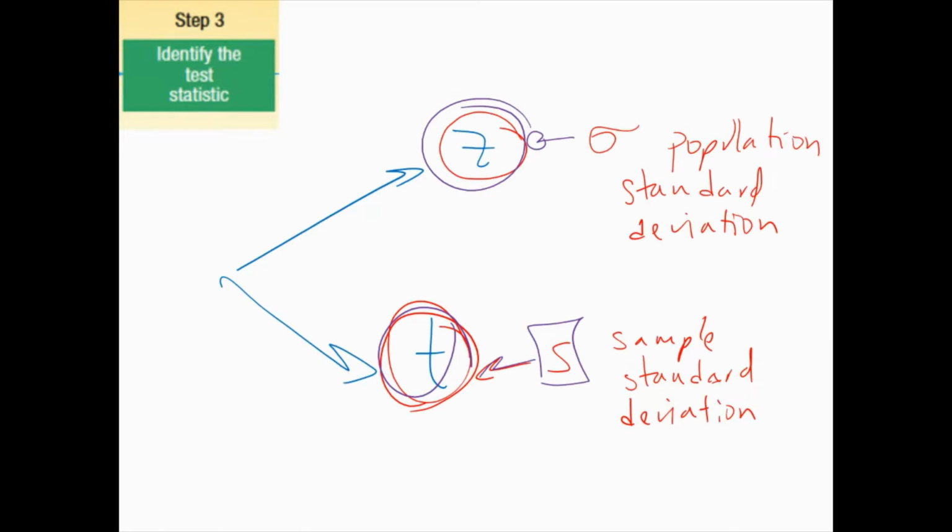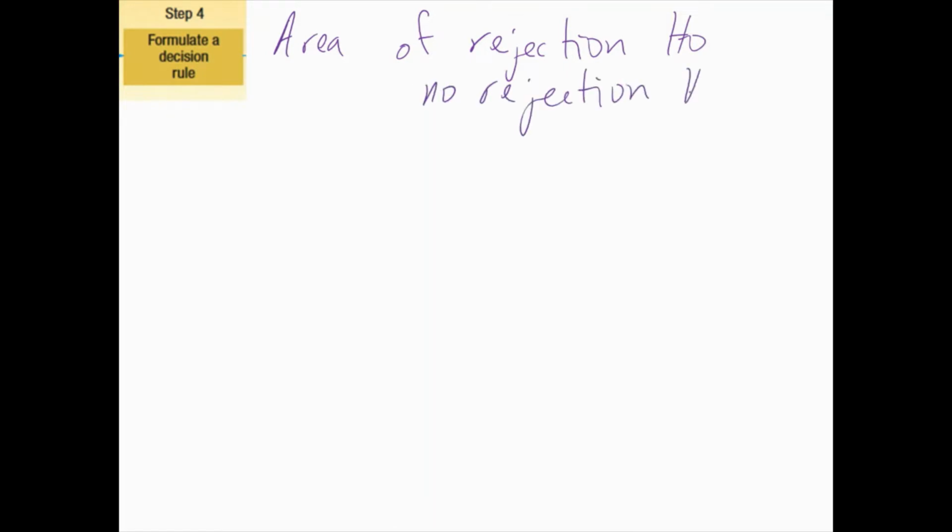Step 4. Now, we have 2 choices. Are we using Z or T? This is determined in step 3. Step 4, formulate the decision rule. Basically, here you're looking at the area of rejection of H0 and the area of no rejection of H0.